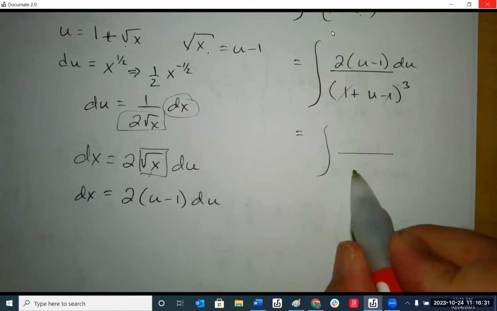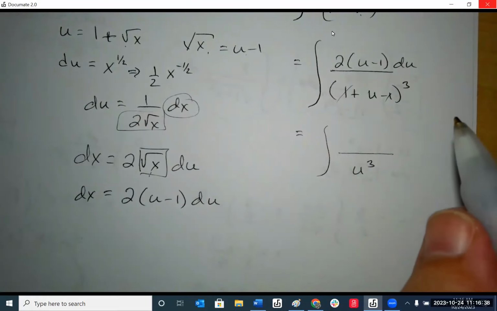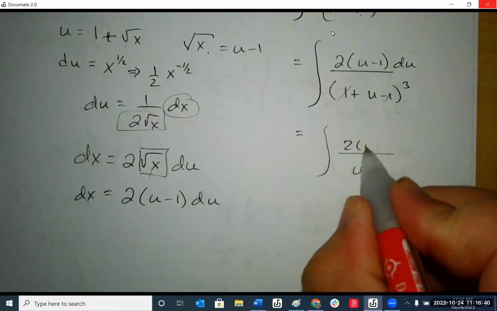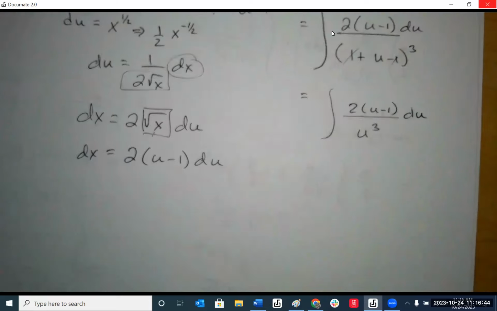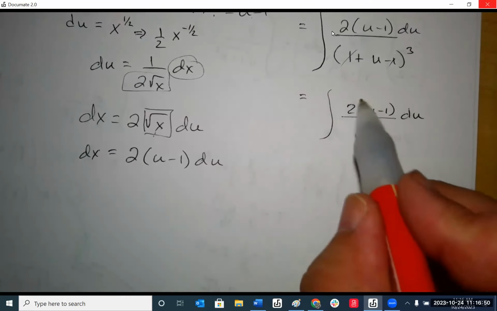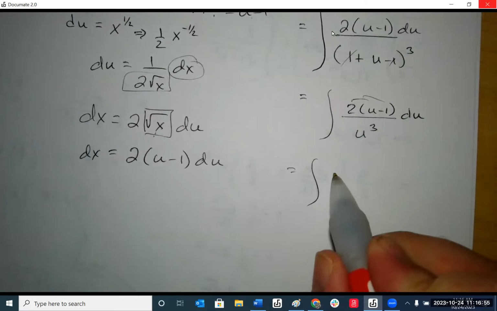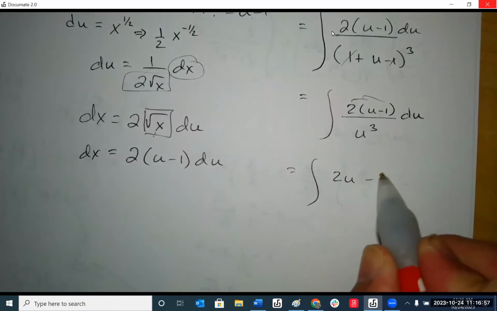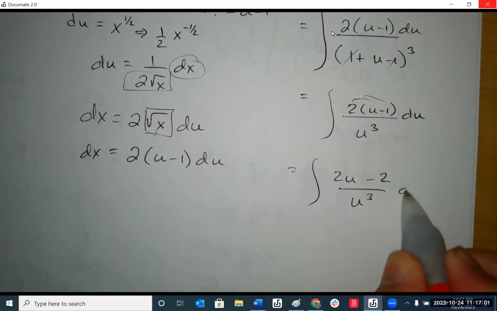The ones cancel, so we have u cubed. So we have 2u minus 2 over u cubed.